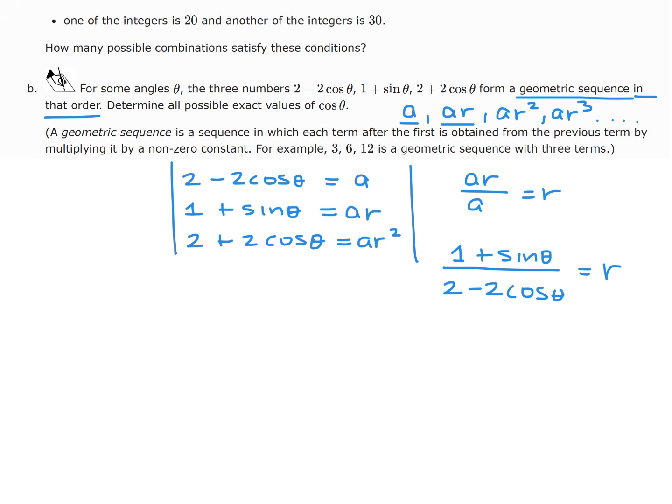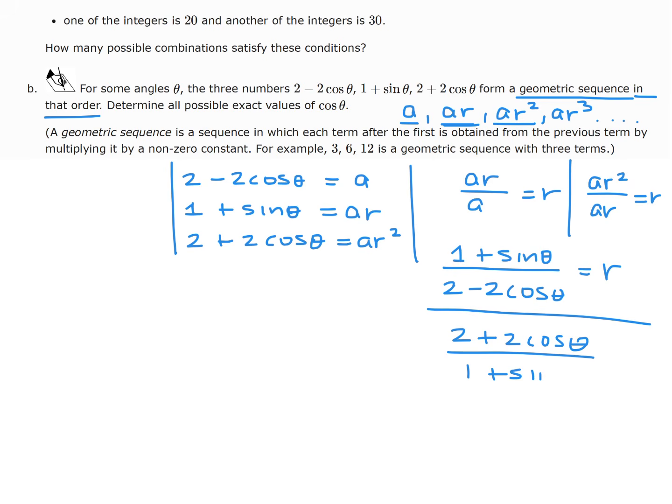And then we can also get r by taking the third one, ar squared, and dividing by the second one, ar. That also cancels out to just r. So that's going to be 2 plus 2 cos theta over 1 plus sine theta, and that's also going to be r. So we have two equations with r. Let's set them equal to each other.